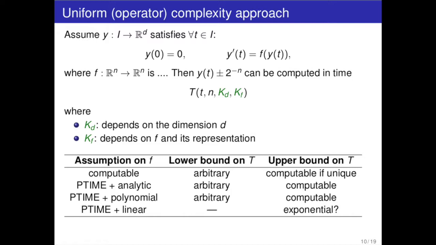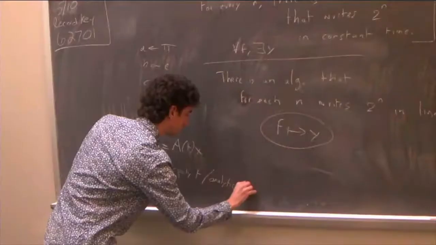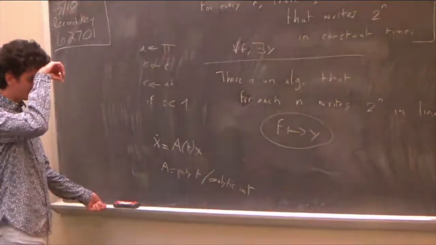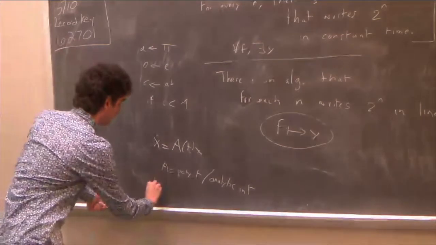And actually, this has been studied, and there are very efficient algorithms for this class. So if you have something like, I'm going to write it here, x prime equals a of t x, where a is a polynomial in t, or maybe analytic in t. I think these are called definite functions.